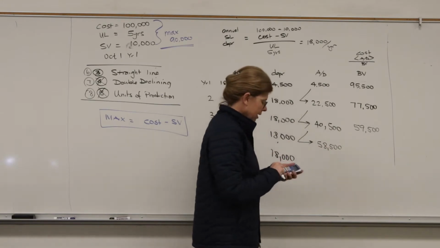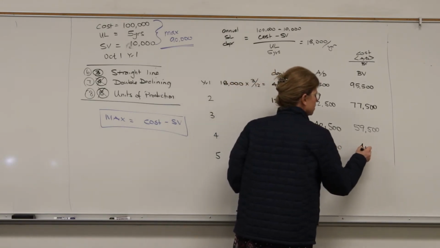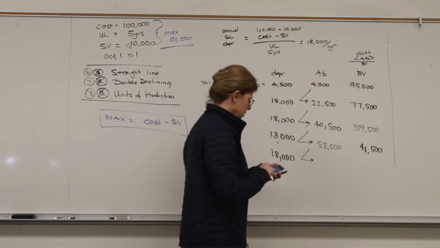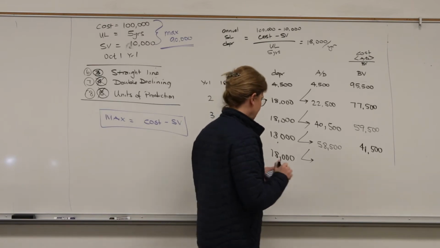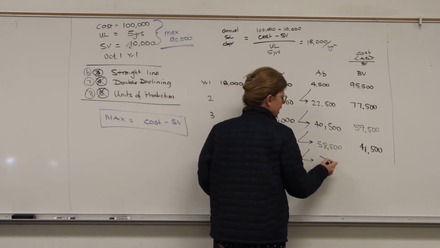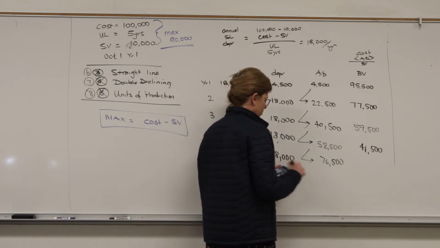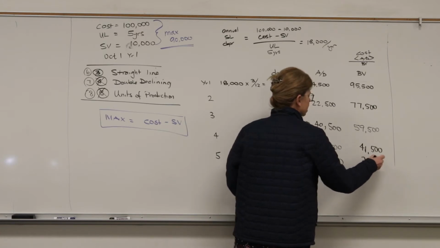And when I subtract that from $100,000, I'm going to get $41,500. Same thing in year 5. This gives me $76,500. When I subtract that out from $100,000, I've got a book value of $23,500.